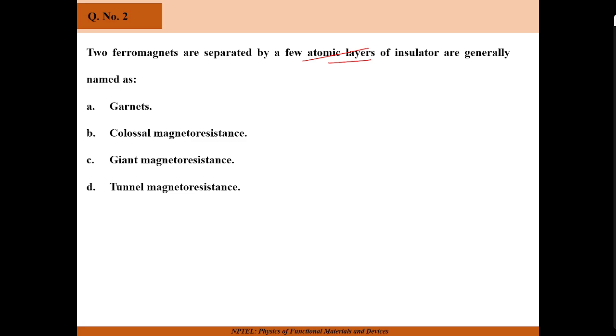Insulator needs to be a non-magnetic resistor.